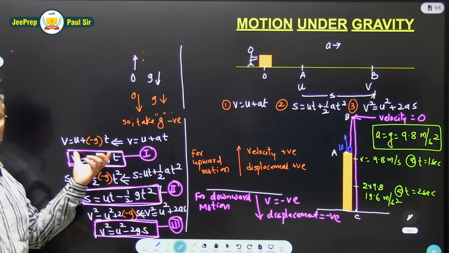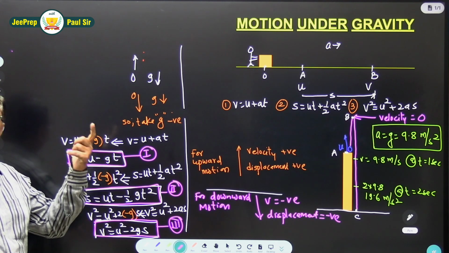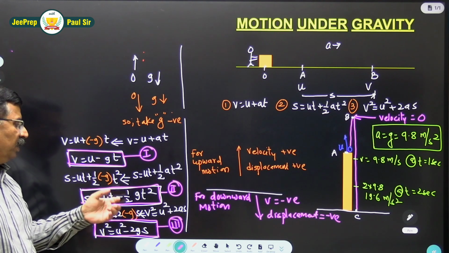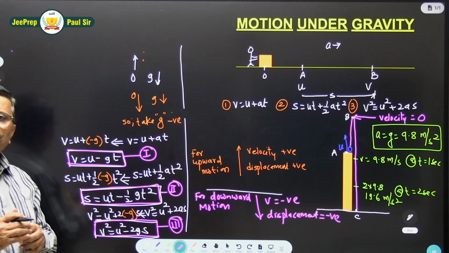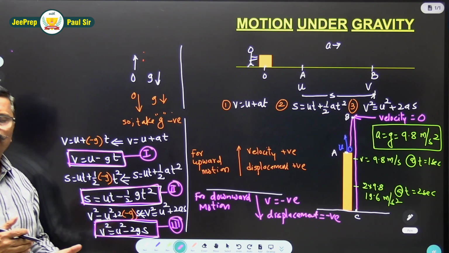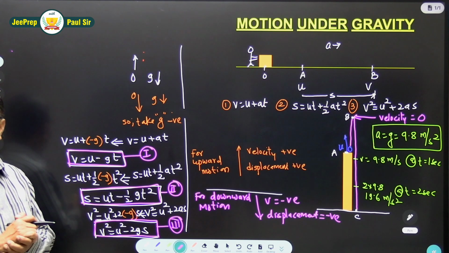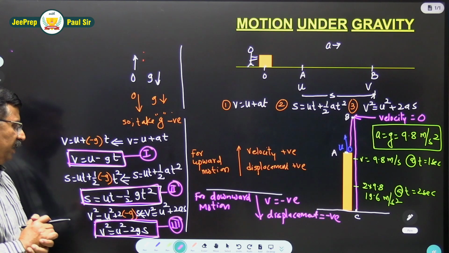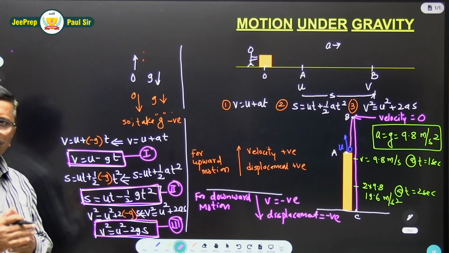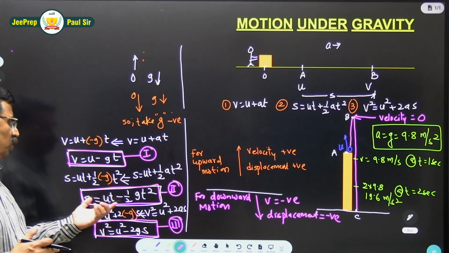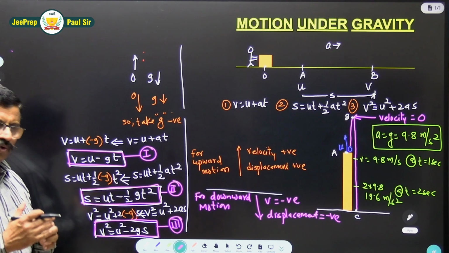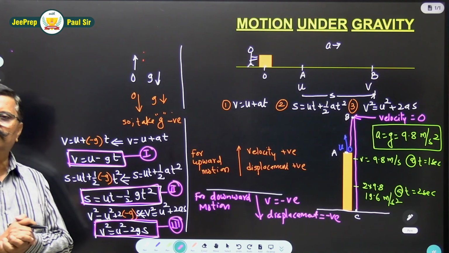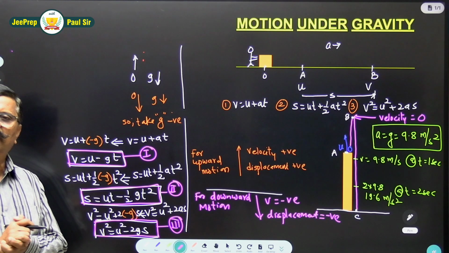So if you want to calculate the time taken by the body to reach maximum height, always use this formula. If you want to calculate the time taken by the body to reach the ground, means object is thrown with certain velocity in the upward direction, or object is released from a certain height, and you want to calculate the time taken by the body to reach the ground, use the second formula. And if you want to calculate height, use the third formula. I hope all of you understood this concept of motion under gravity.